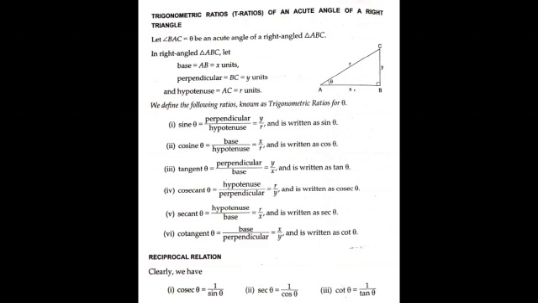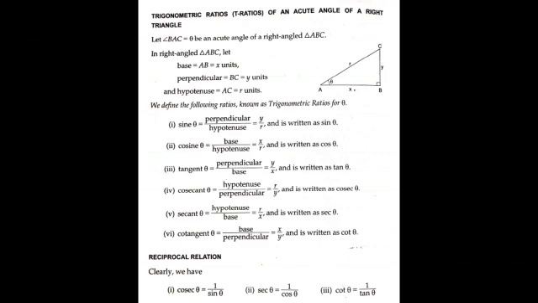For the first ratio, sin theta is equal to perpendicular by hypotenuse. So from here it is equal to y by r and is written as sin theta, that is sin and theta in short. Next ratio is cosine theta.